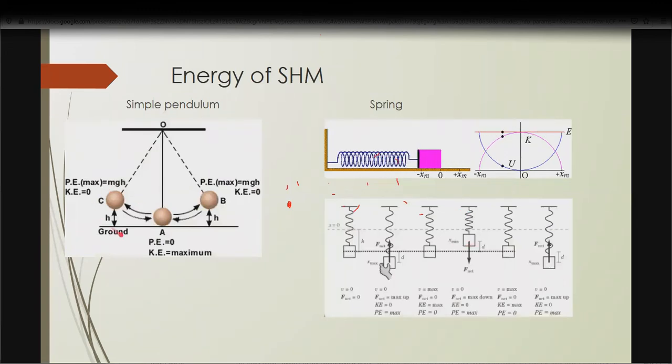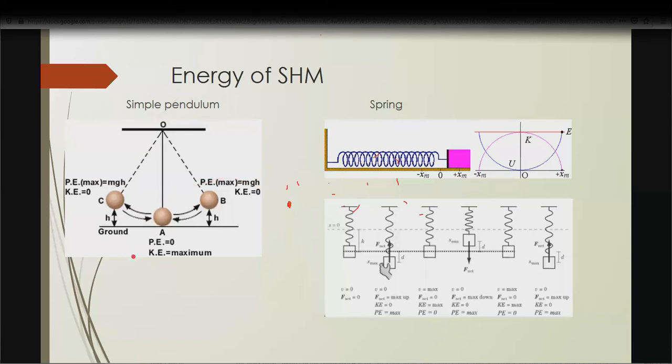If you consider a simple pendulum, it has kinetic energy and gravitational potential energy. Here, for the spring, it has kinetic energy and elastic potential energy.